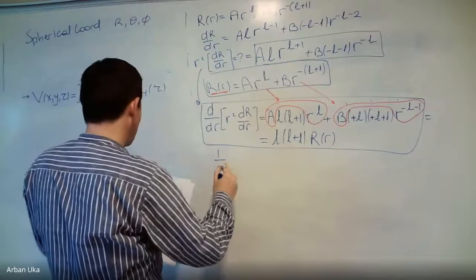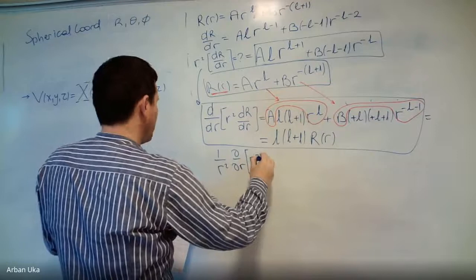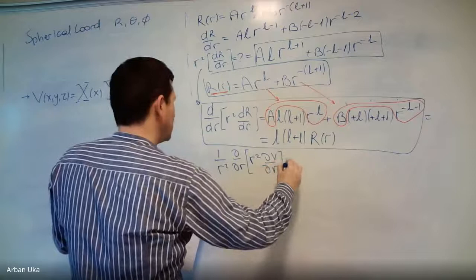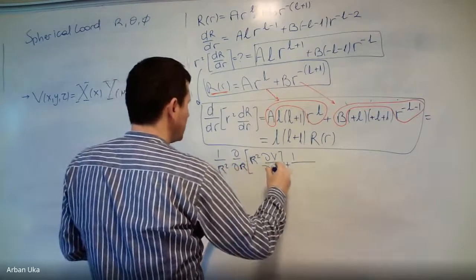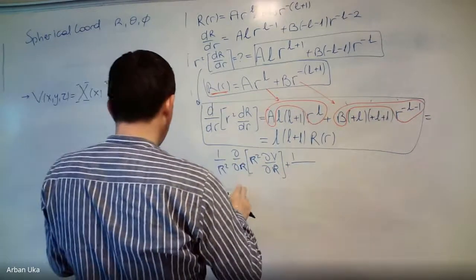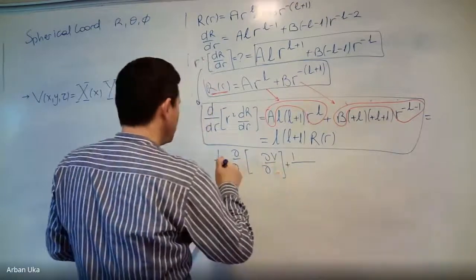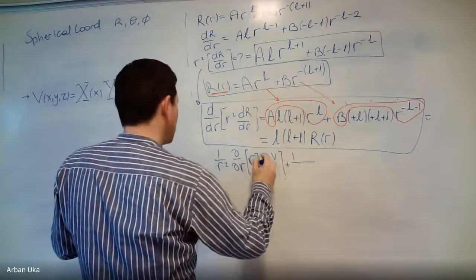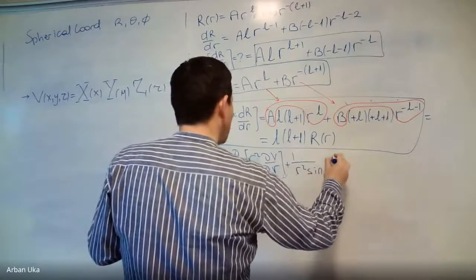So the Laplacian in spherical is 1 over r squared, d over dr, r squared, dV over dr. Let's keep it little r, maybe it's better if we do it like this. 1 over r squared, this is r squared again, dV over dr, plus 1 over r squared sine theta.